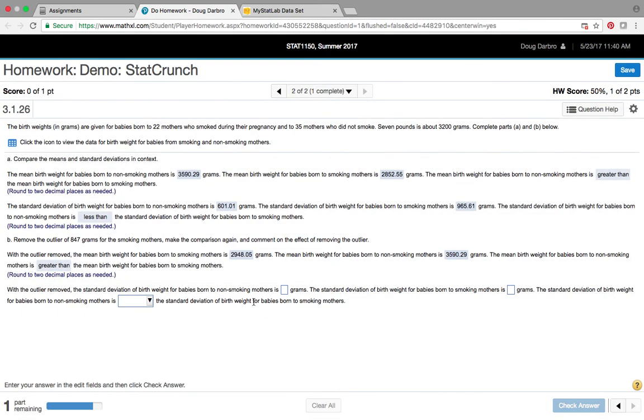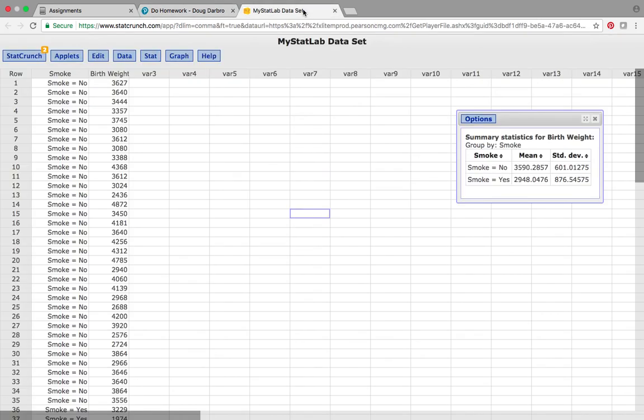With the outlier removed, we're going to do standard deviations. So with non-smoking mothers, the standard deviation was 601.01.